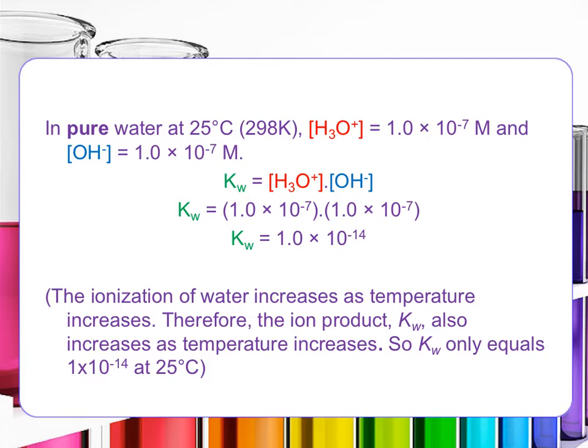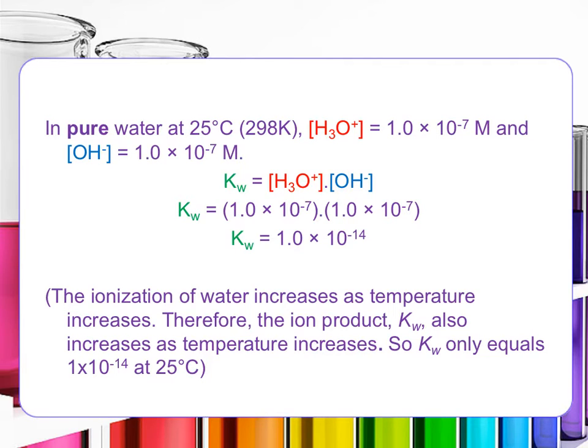And for your information, the concentration of the H plus ions and the OH minus ions for pure water, so that's when there's nothing else in it, it is only water, at 25 degrees, you can see the concentration is going to be 1.0 times 10 to the minus 7 for H plus, and 1 times 10 to the minus 7 for OH minus. If you can see, they're the same.